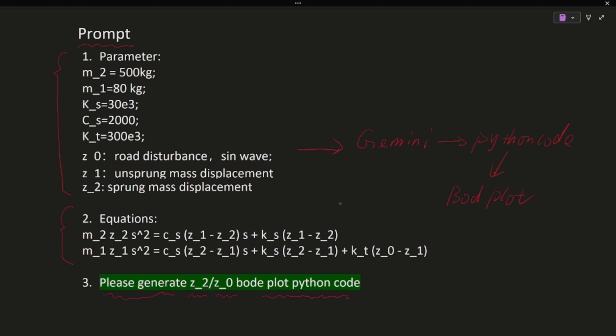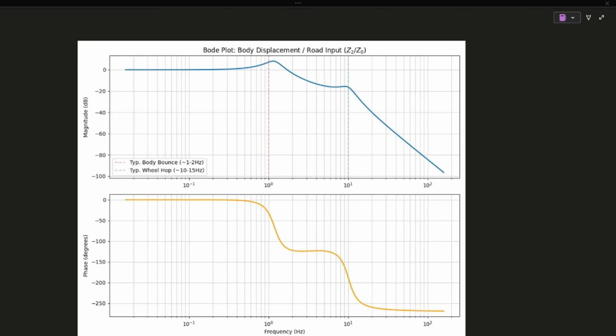Let's see the result. This is the result of Bode plot. The first peak represents the sprung mass resonance frequency. And the second peak represents the unsprung mass resonance frequency. Almost all vehicles will exhibit these two resonance peaks.